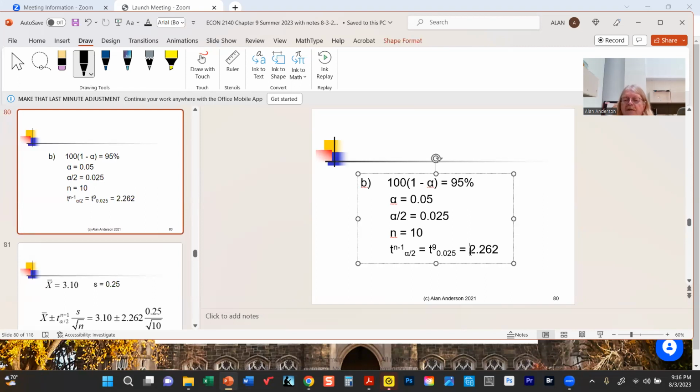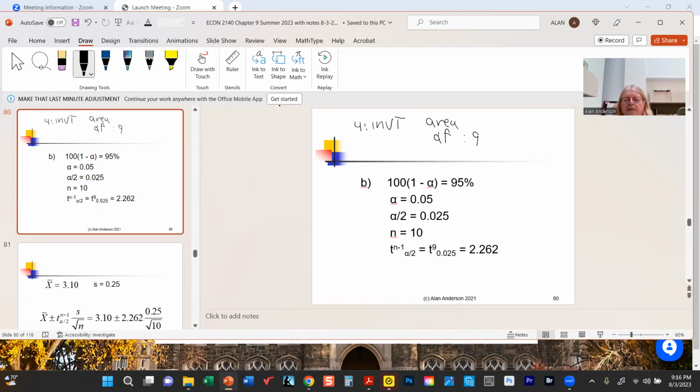This time it turns out to be 2.262. And if you go to your calculator, the degrees of freedom is still 9.